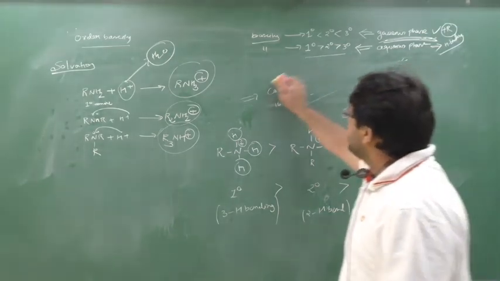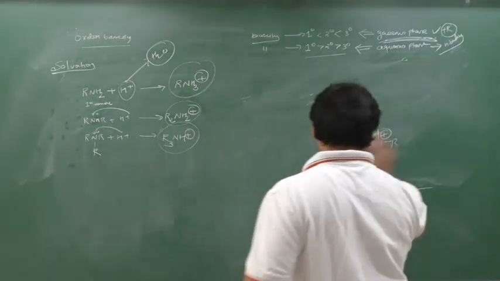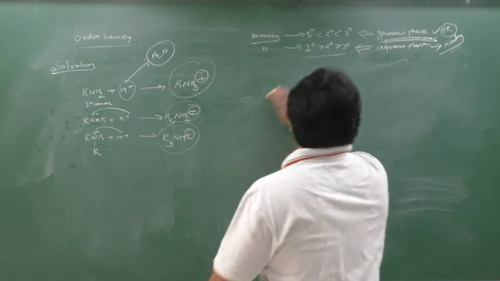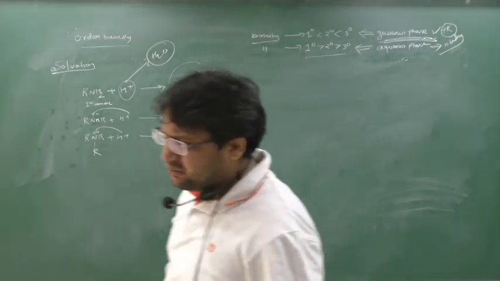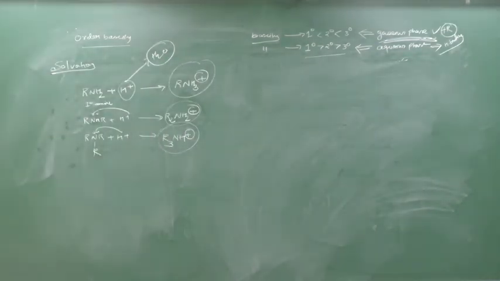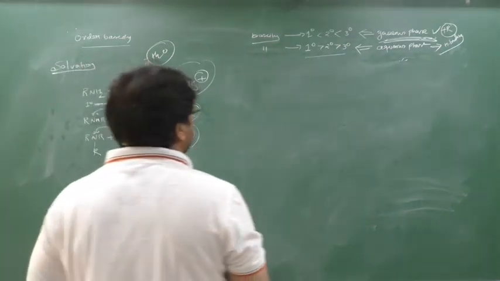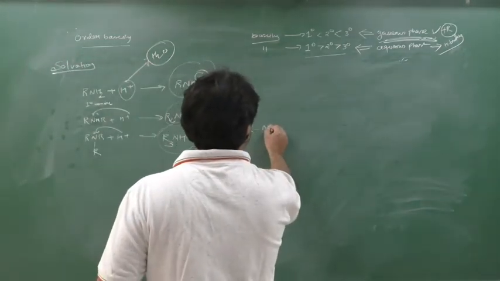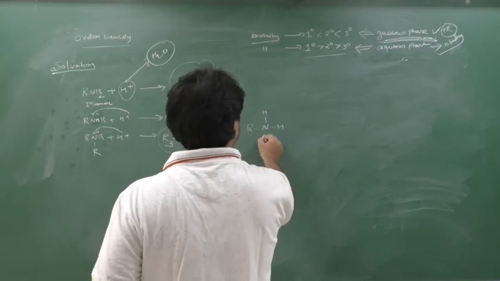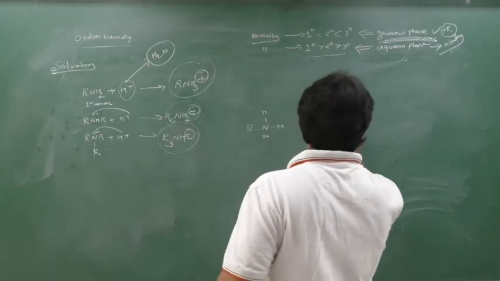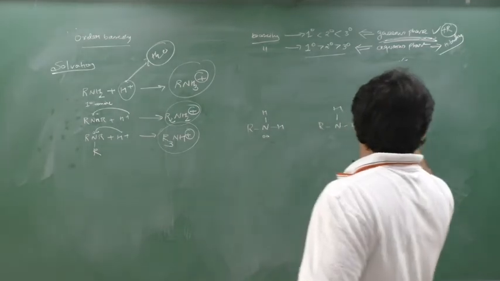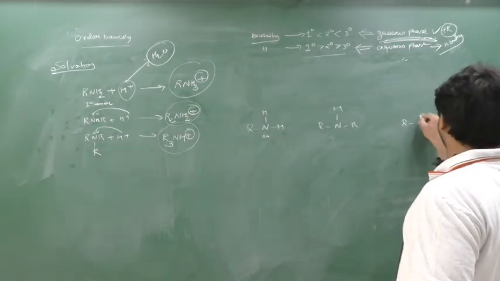Okay, next we are going to see steric hindrance. You can read from the book, or I can show it here. RNH2, RNRH, RNRR.